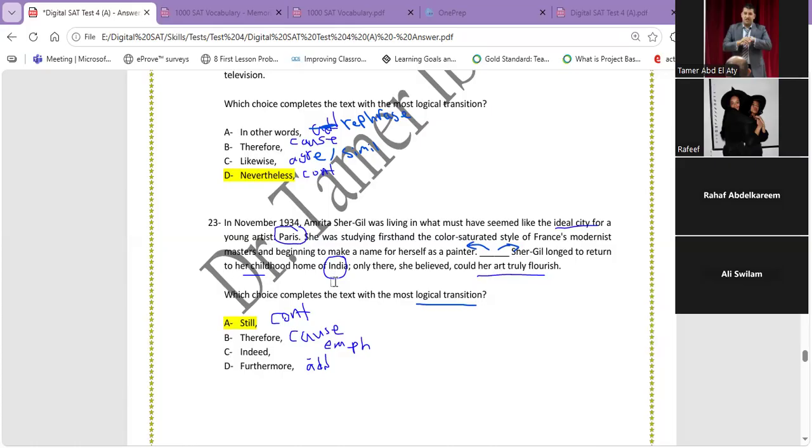Only there, she believed, could her art truly flourish. Here he said Paris is the ideal city for artists, and then that she wants to return to India because she wants her art to truly flourish. So this is still contradiction. That was the homework from last time.